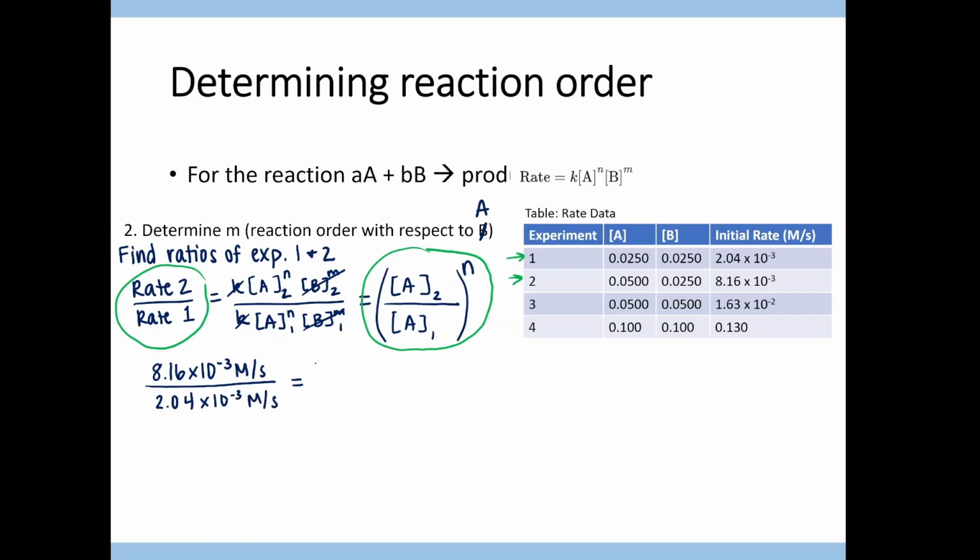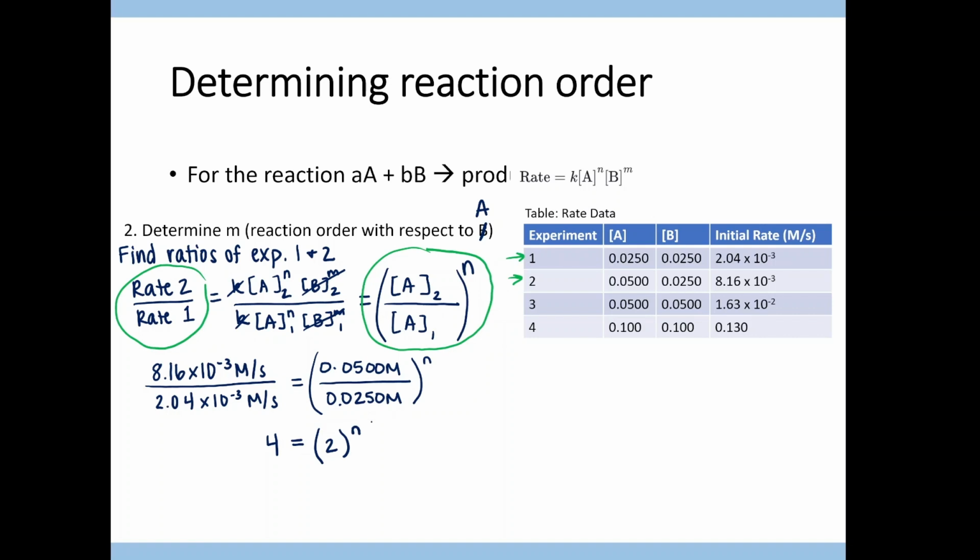This is equal to the concentration of A for experiment 2, which is 0.0500 molar, divided by the concentration of A for experiment 1, 0.0250 molar. All of this raised to the power of n. If you take the left side and divide, you will find that the left side is equal to 4. Inside the parentheses, if you do that division, this is equal to 2.